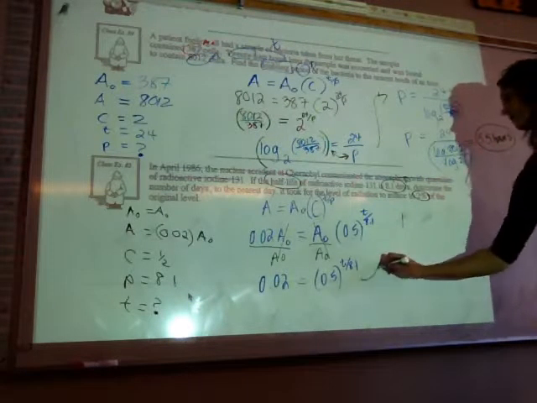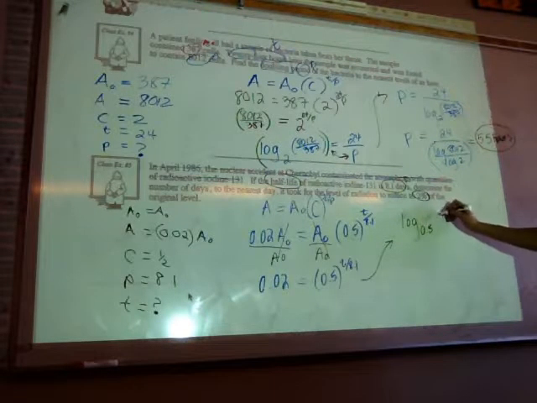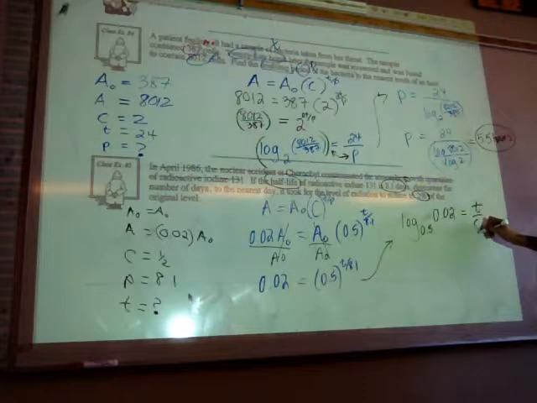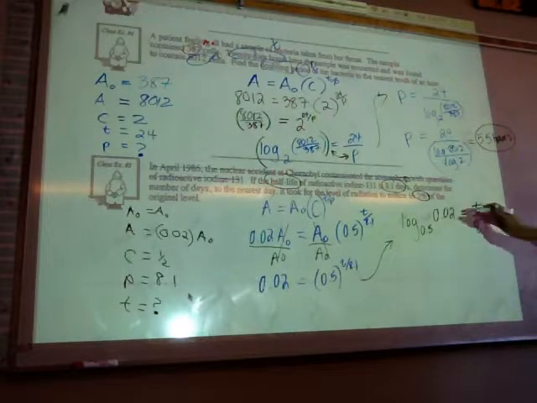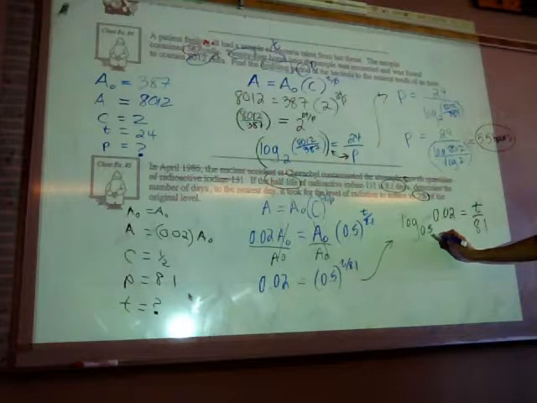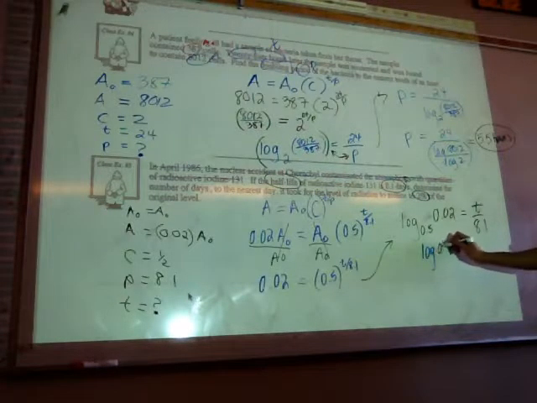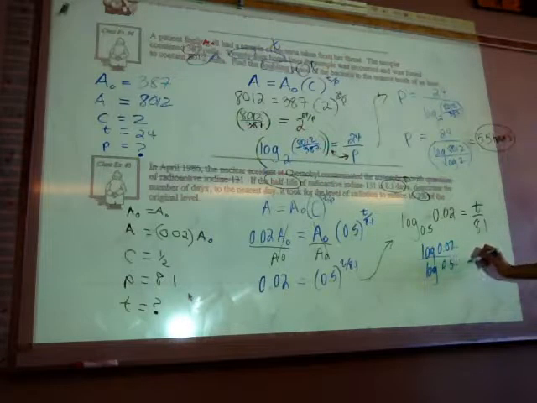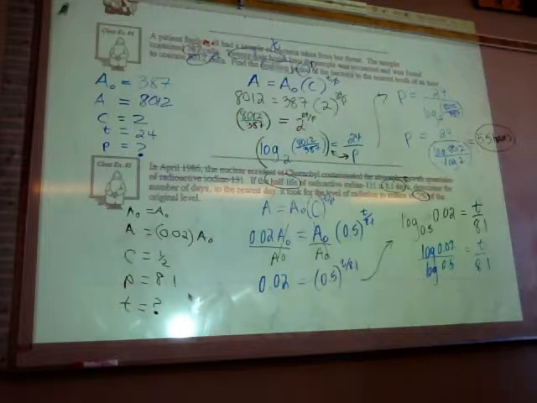So we have log base 0.5 of our argument 0.02 equals T over 8.1. Using the change of base identity, I'm going to write log base 0.5 of 0.02 as log 0.02 over log 0.5. That equals T over 8.1.